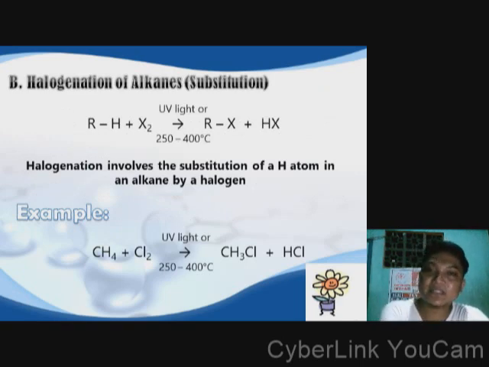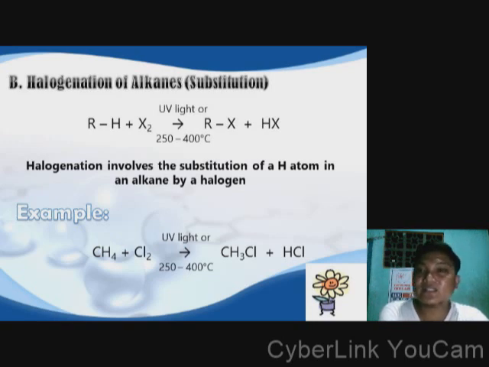When we say substitution, how is it? You are just going to substitute. From an alkane plus a halogen, through UV light or 250 to 400 degrees Celsius, it becomes an alkyl halide plus an acid.